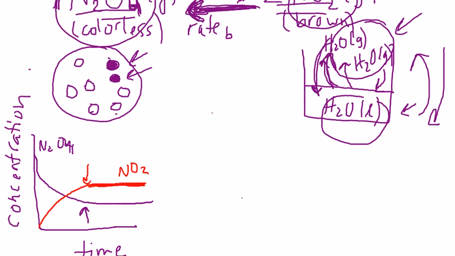Notice also that this graph might have been somewhat different. It's possible that the N2O4 remained in greater concentration at equilibrium, and the NO2 remained in lesser concentration at equilibrium.